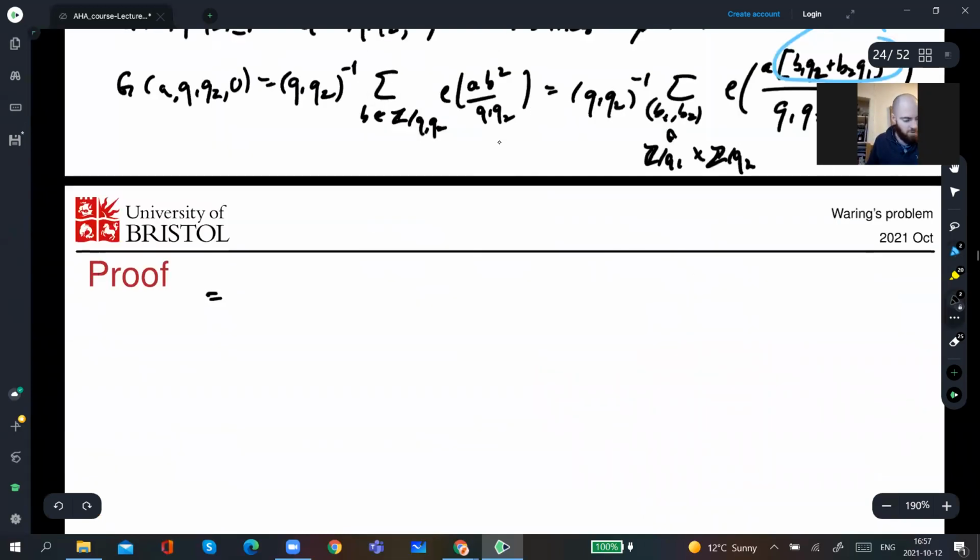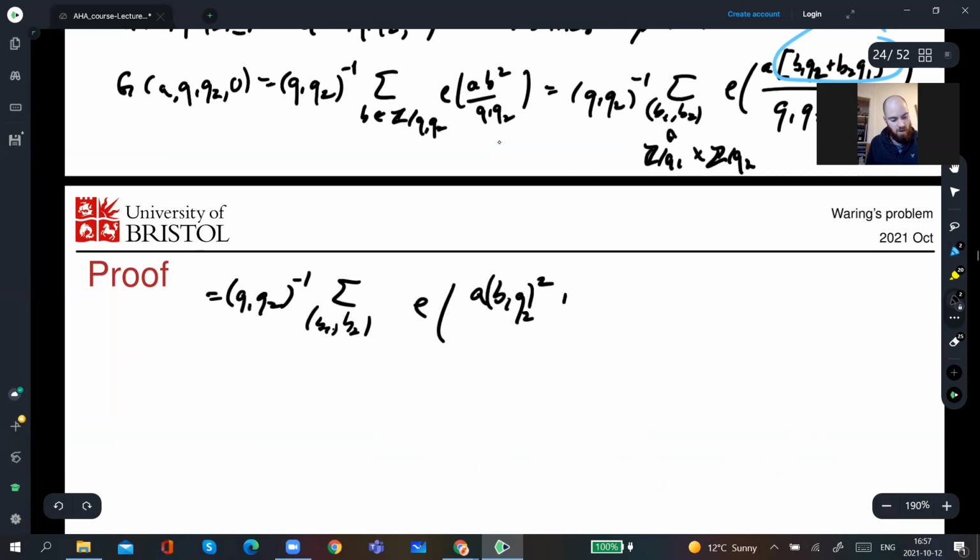This is equal to Q1 Q2 inverse, sum over B1, B2, and it's now E of A B1 Q2 squared plus A B2 Q1 squared all over Q1 Q2.